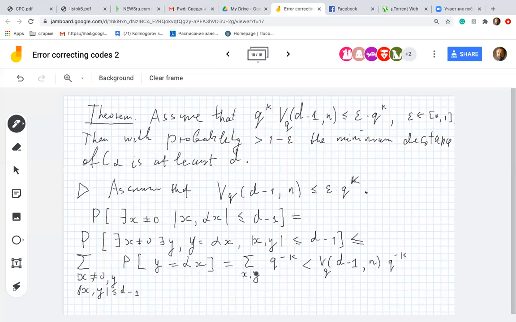And by assumption, this is at most epsilon. So the probability of the bad event, that the distance of the code is less than d, is strictly less than epsilon, because this inequality is strict. So the proof is finished now.